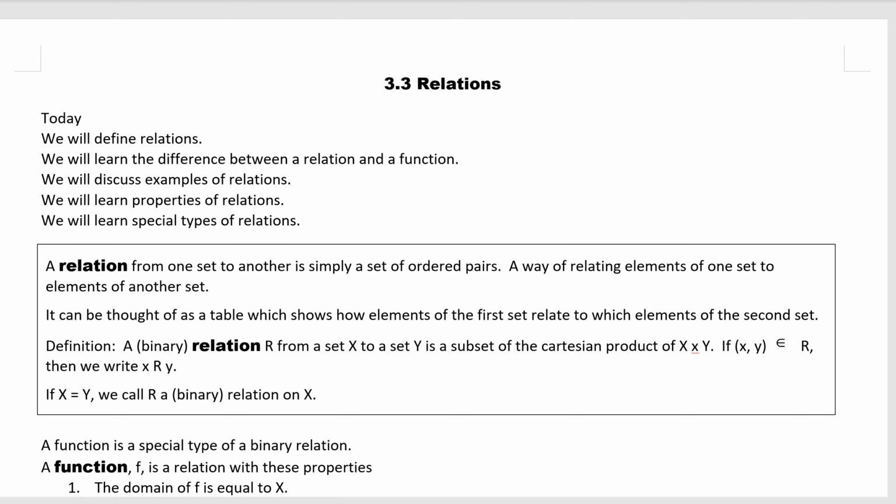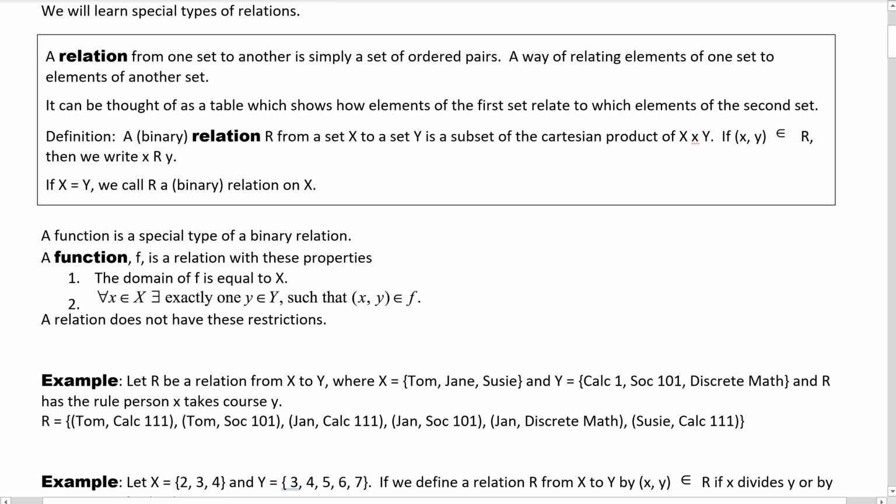And then a function is just a special type of binary relation. So we say that a function f is a relation with these properties. First, the domain of f equals X, so we require all the elements in X to get mapped to some elements in the set Y. Second, for all x in the set X, there is exactly one y in Y such that (x, y) is in f.